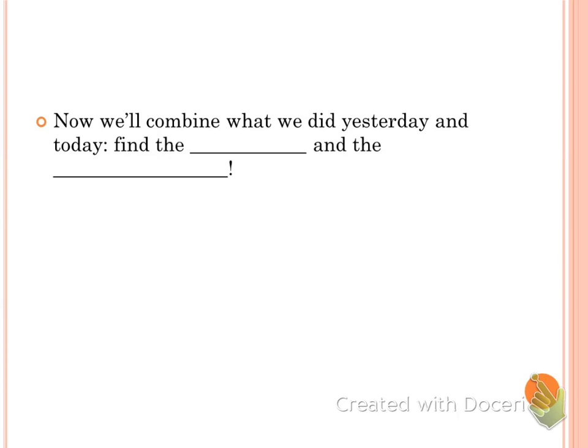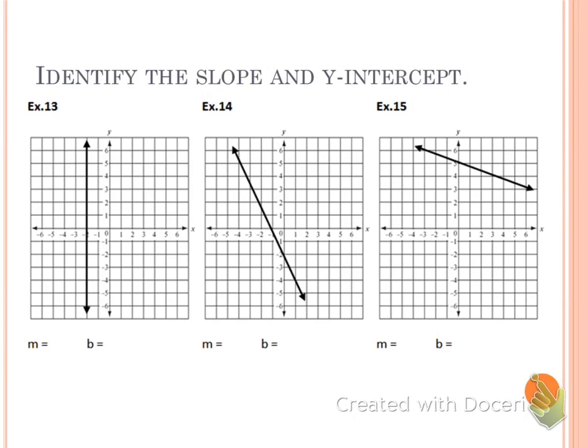Now we'll combine what we did yesterday and today. We are going to find the slope and the y-intercept. We're going to find both of them. So on these examples, we are identifying the slope and the y-intercept.